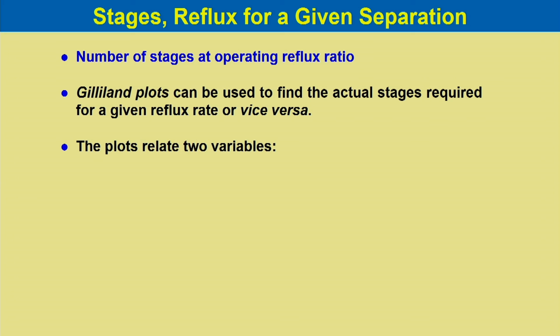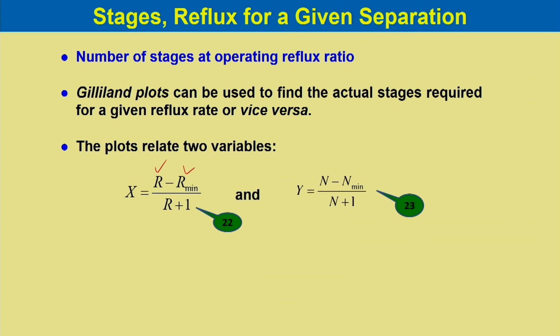The plot relates two variables, one is x is equal to R minus Rm divided by R plus 1, where R is the actual reflux ratio and Rm is the minimum reflux ratio, and y is equal to N minus Nmin divided by N plus 1.